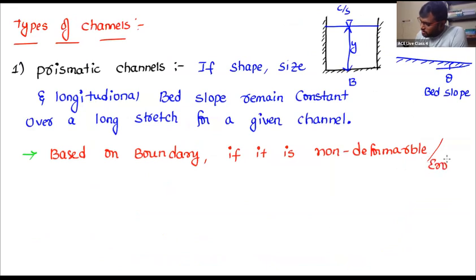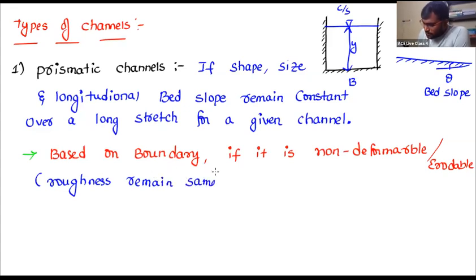Roughness remains same. So based on the boundary, if it is non-deformable, it means the shape or cross section is not going to change, and roughness is also going to be the same. So when the roughness is the same, then we call it rigid canals. What do we call? Rigid canals. Then we can call it rigid boundary canals.